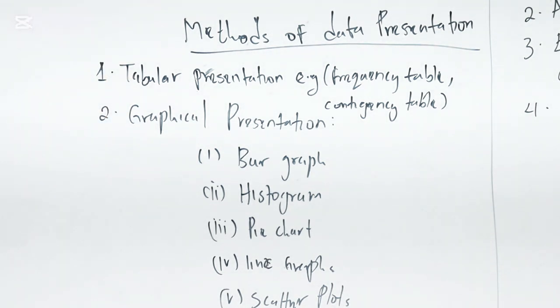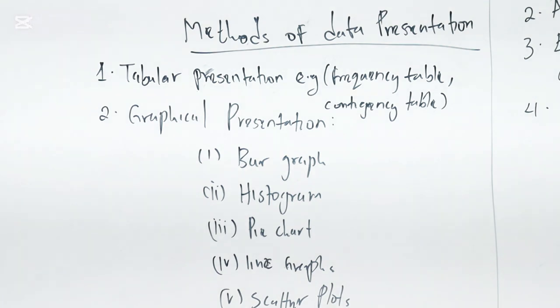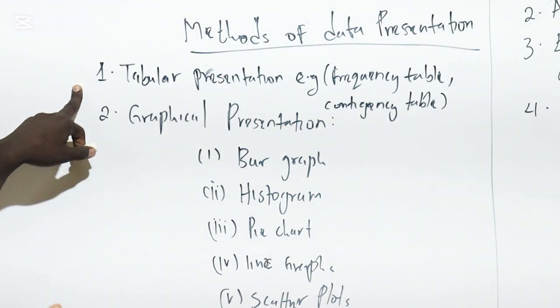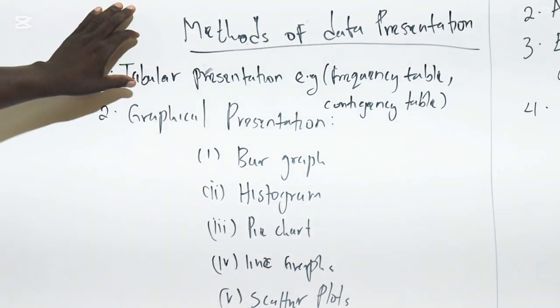Now, under this method of data presentation, we have two. Number one, tabular presentation. This tabular presentation falls under data tabulation. Does it not fall under data presentation? Now this is under data tabulation.